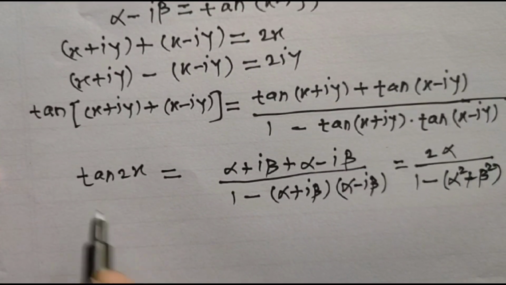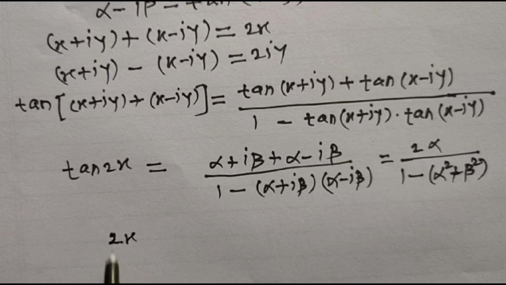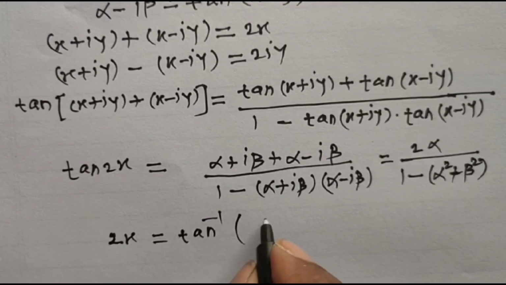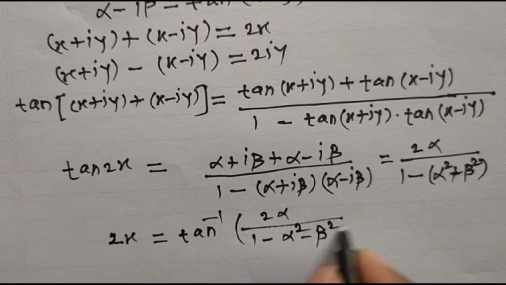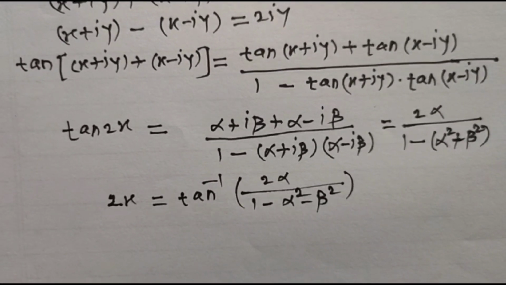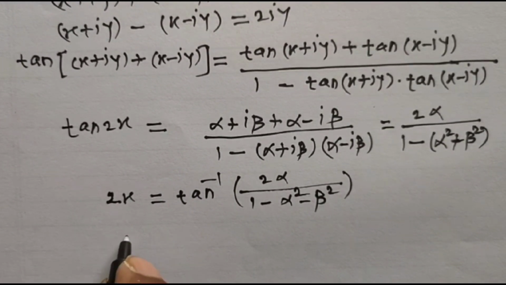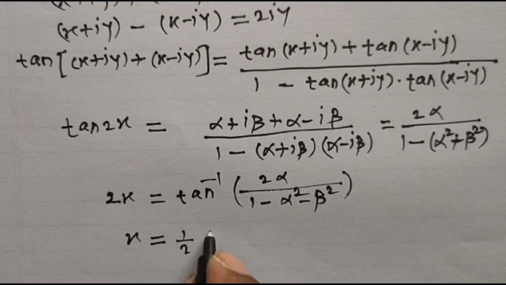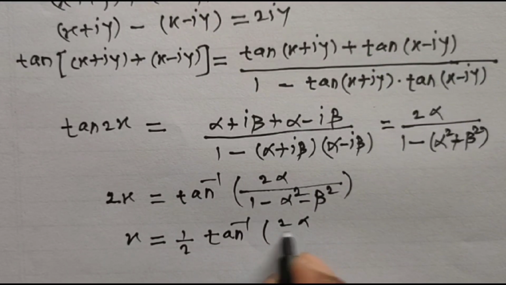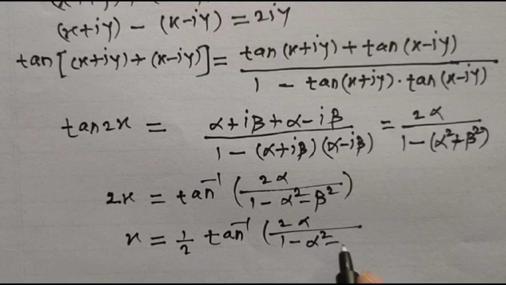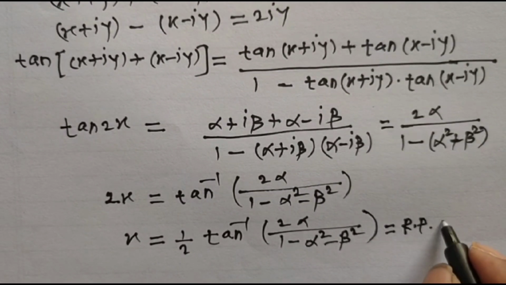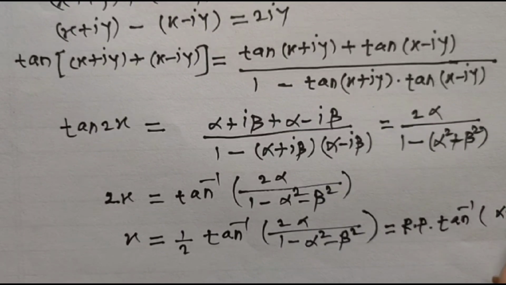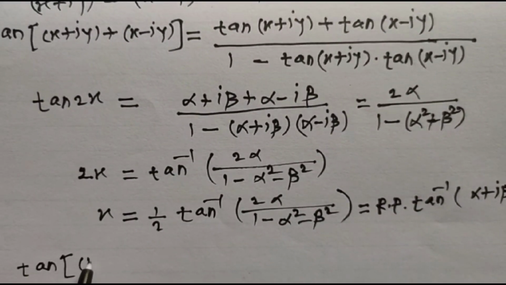Now tan 2x is this, then 2x is equal to tan inverse 2 alpha divided by 1 minus alpha square minus beta square. Hence you can separate x, which is the real part of the given complex number. X is equal to half tan inverse 2 alpha divided by 1 minus alpha square minus beta square, which is the real part of tan inverse alpha plus I beta. Now tan of x plus iy minus x minus iy.